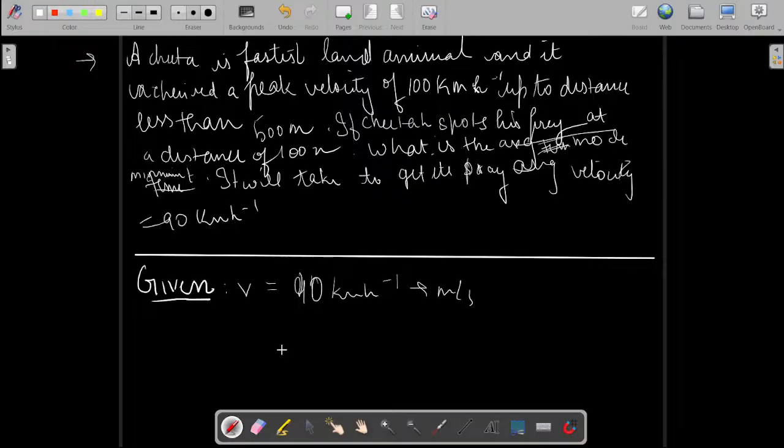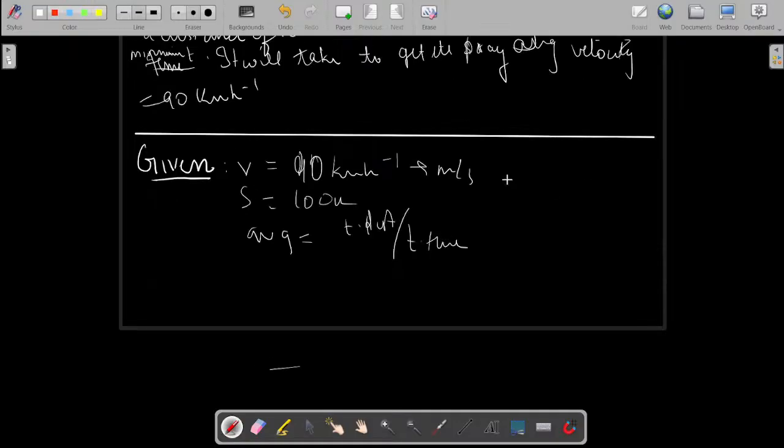Average velocity is equal to total distance by total time, so time is equal to s by average velocity.